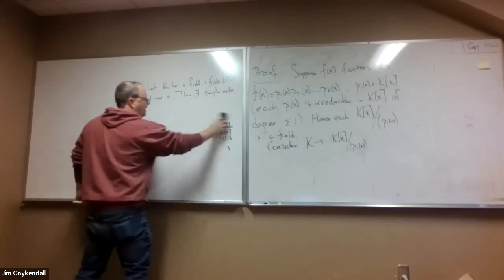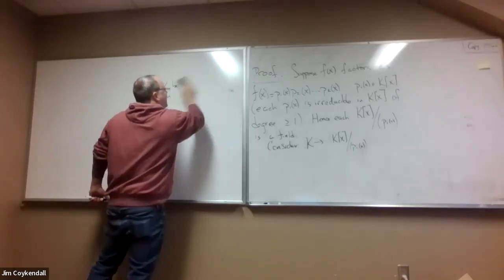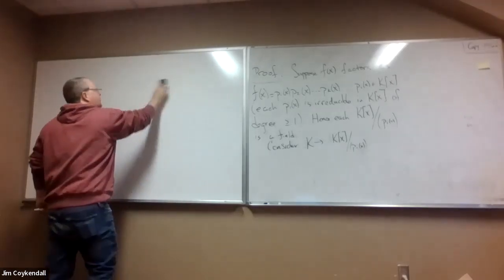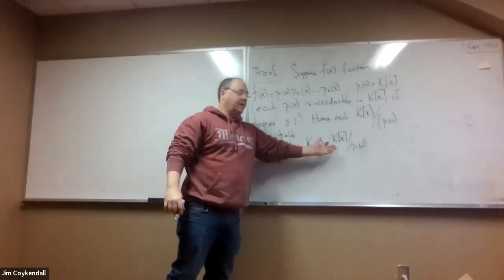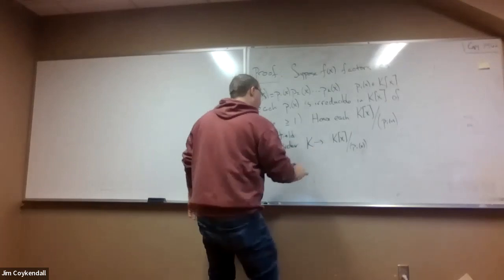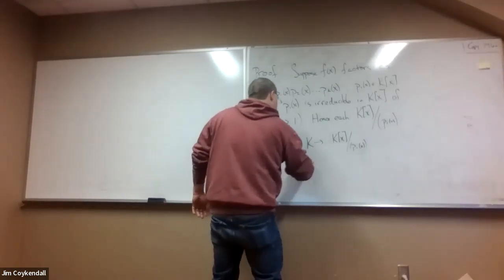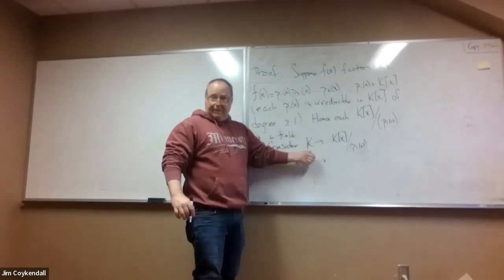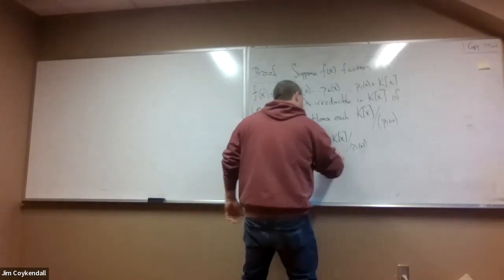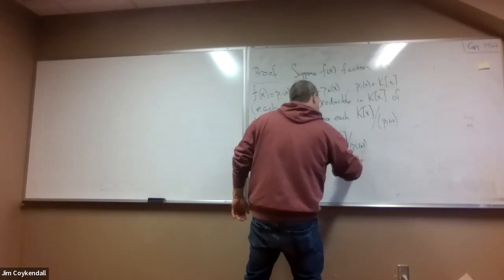Again, in math, you should always try the easiest thing at least first. The easiest homomorphism I can think of from K into here is the map that takes an element of K into its corresponding coset.